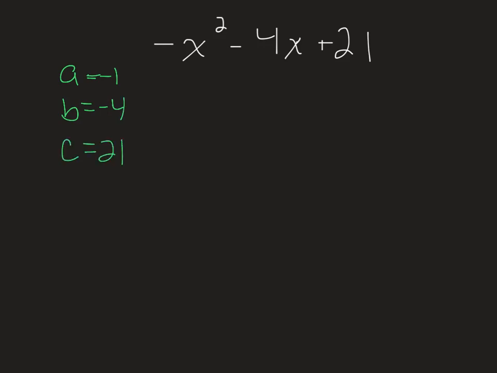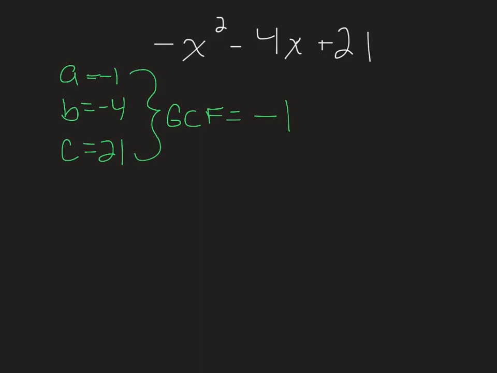What I'm trying to figure out is, what is the GCF of these three things? Well, 1 is not a prime number, but the leading coefficient is negative 1. We always want that leading coefficient to be positive, so I know that I need to pull out a negative. If I think about 1, 4, and 21, they have nothing in common, so that just means my GCF is going to be negative 1.